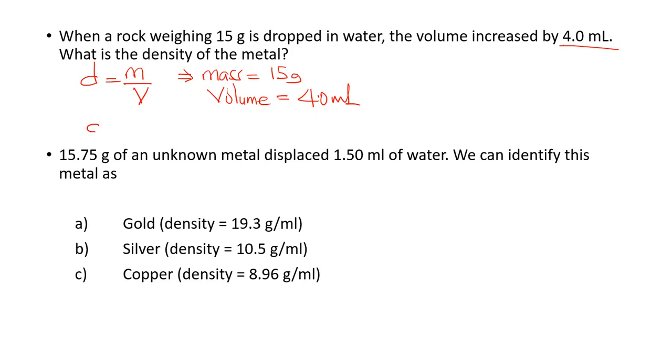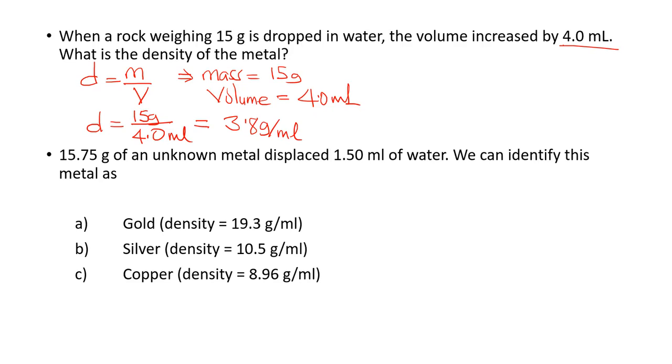This tells us that our density is 15 grams divided by 4.0 milliliters, which gives us 3.8 grams per mil.